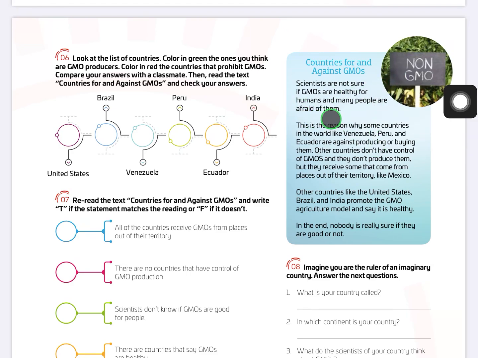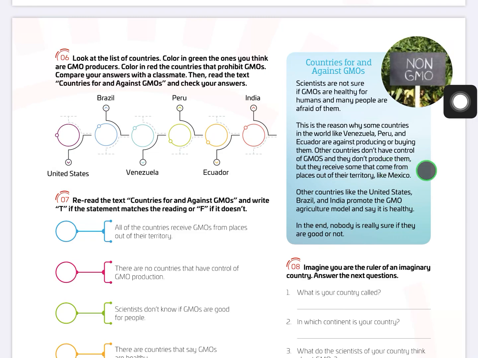That says, scientists are not sure if GMOs are healthy for humans, and many people are afraid of them. This is the reason why some countries in the world, like Venezuela, Peru, and Ecuador, are against producing or buying them.